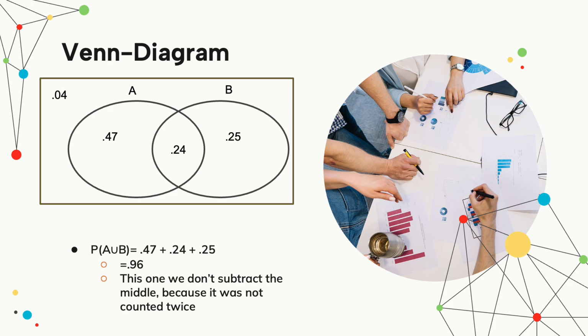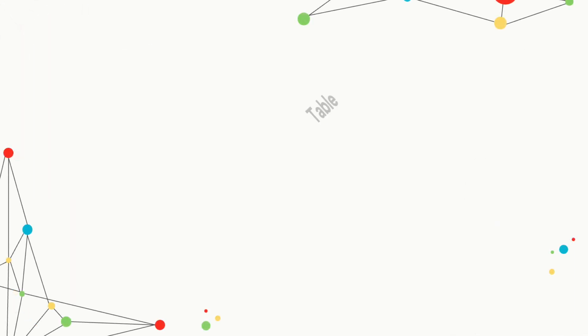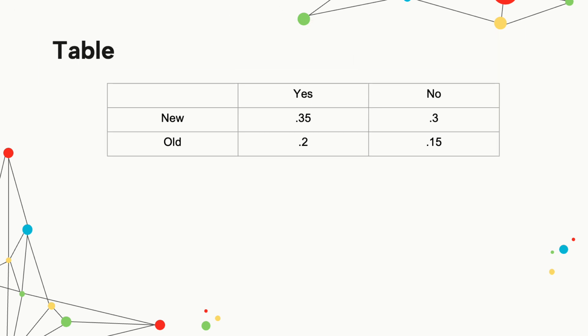Our other example is from a table. If we were given this table, these are the probabilities of something being old or new, say someone having a new phone and responding to a questionnaire. If we were looking for the probability of somebody having a new phone or saying no, we would take all the probabilities of them having a new phone, which is 0.35 plus 0.3, and then all the probability of them saying no, which is 0.3 and 0.15.